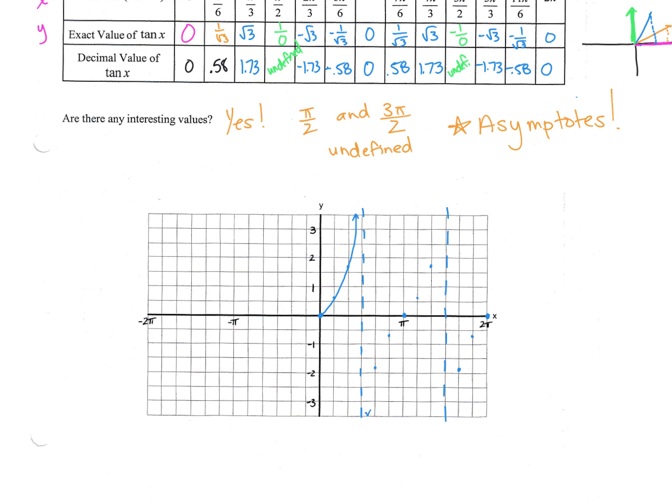We know that our curves continue to get closer and closer to a vertical asymptote. We also know that they do not cross vertical asymptotes. So that represents our curve for tan.